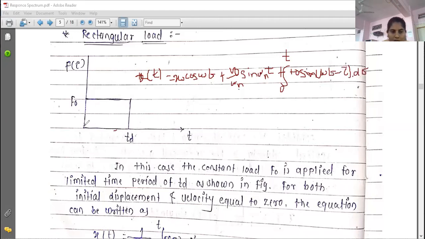But at t equal to 0, x will be equal to 0 and v will be equal to 0.